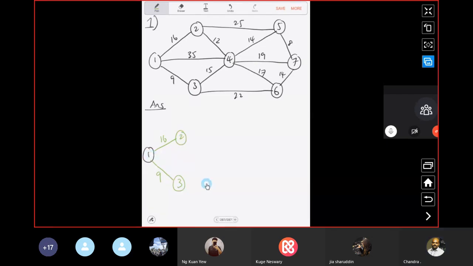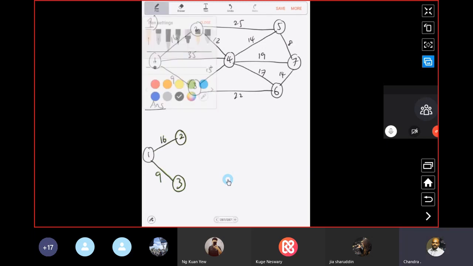Once you identify the shortest route, you join it with 1 and write the shortest route here. So we have connected 1, 2, 3, and this is one gang now, known as the connected nodes. The others are unconnected nodes.